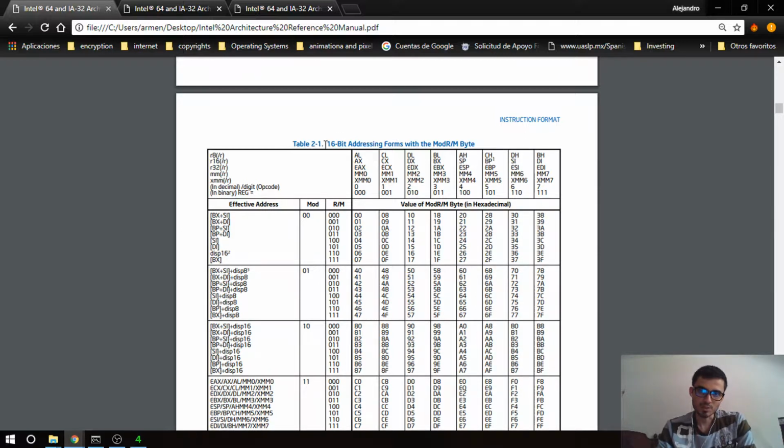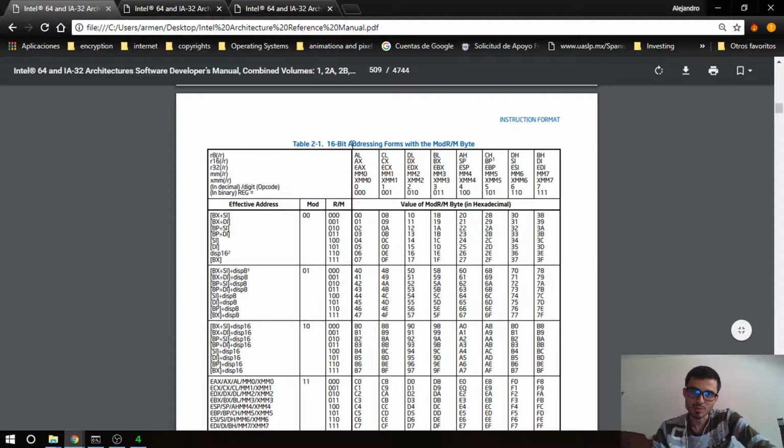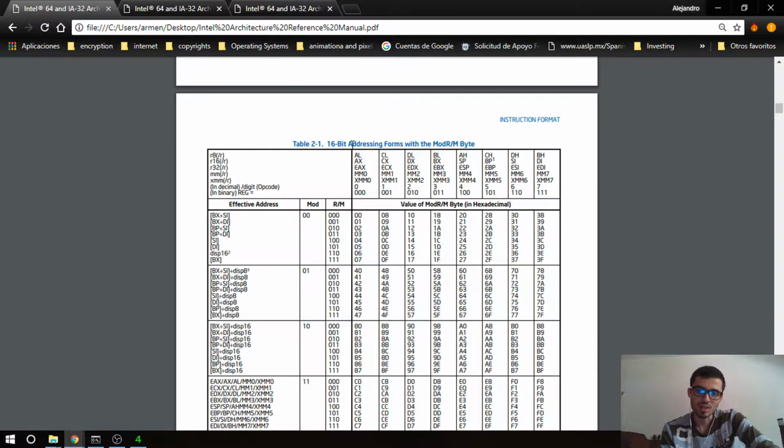But remember, this is for 16-bit addressing forms. That means that the addressing cannot go over the 65536 boundary. If you are going to address with that kind of limitation, well, 16-bit addressing doesn't necessarily mean that you are in 16-bit mode.